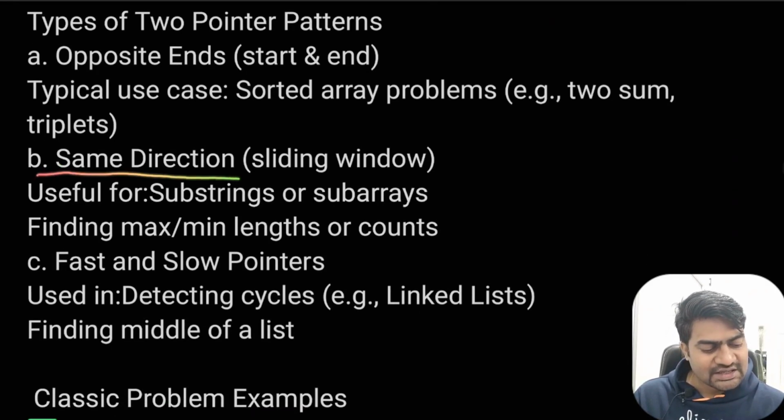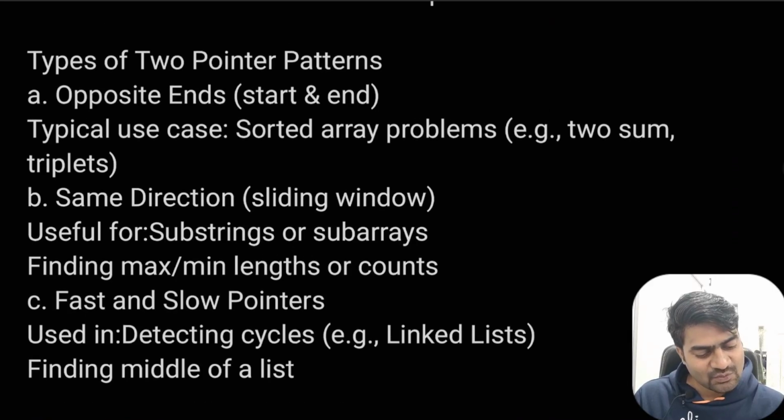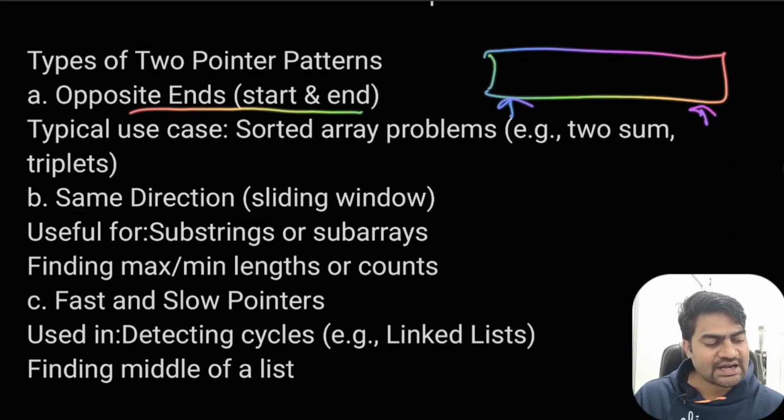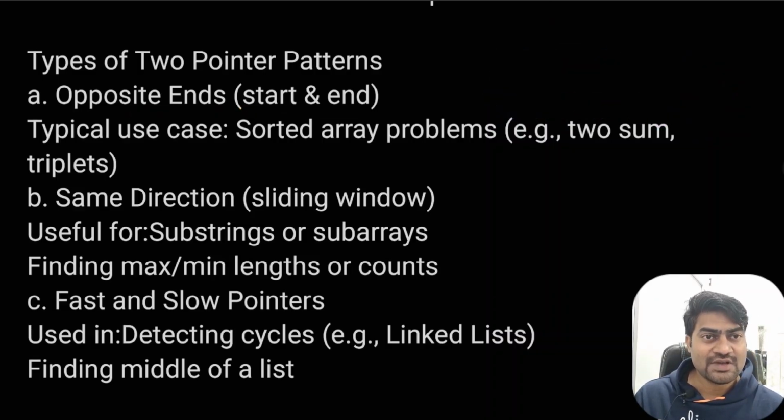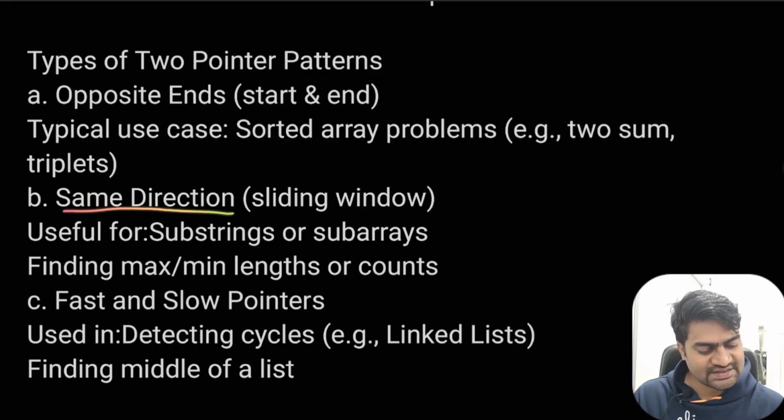And there is another variant where we have the pointers in the same direction. Both pointers will be moving towards the same direction. Here, one pointer will be pointing at the start and another pointer will be pointing at the beginning. This beginning pointer will move towards the right and the ending pointer will move towards the left. That's how they collide at a point, and that point will be a decision point where we stop processing the data. But in this same direction, this is the famous sliding window technique, which we will see in the upcoming videos.